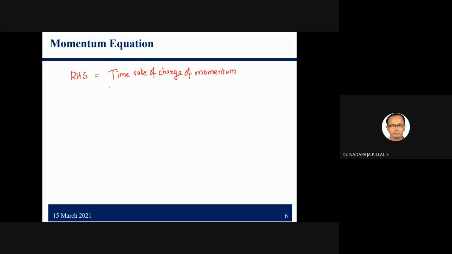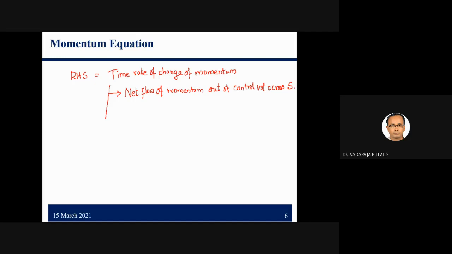Now, this time rate of change of momentum in a fluid element, or let us say in a fixed control volume, is because of two terms. One is the net flow of momentum out of the control volume across the surface, yes.